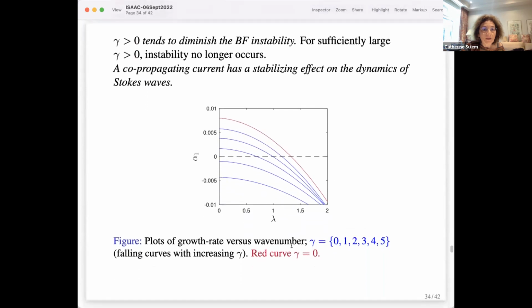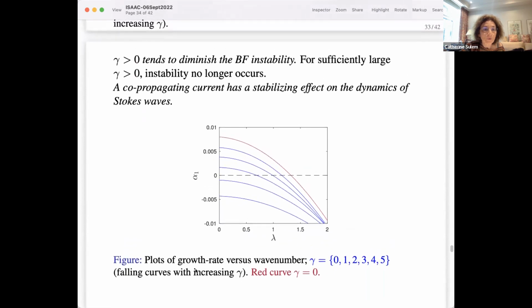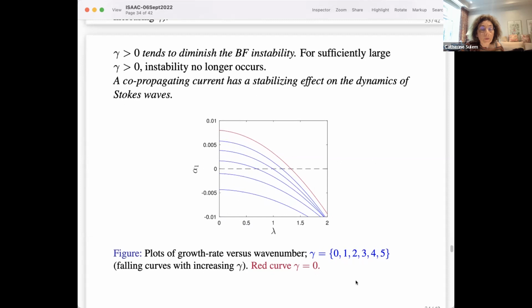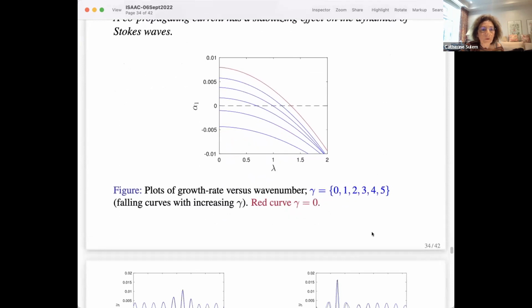Here, in fact, is the plot of the growth rate against the wave number, and we see that if gamma is sufficiently large, the instability does not happen anymore. The red curve again is gamma equals 0. And so the co-propagating current has a stabilizing effect.